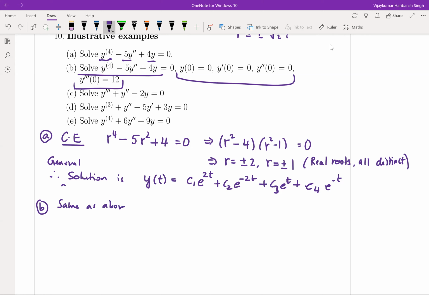So let's solve this one. We are given y of 0, which on one hand is given as 0. On the other hand, you will get c1 plus c2 plus c3 plus c4.